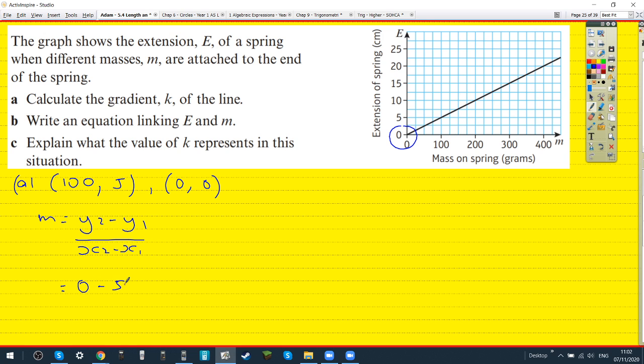Which is 1 over 20 or 0.05. Okay. 1 over 20. 0.05. B.